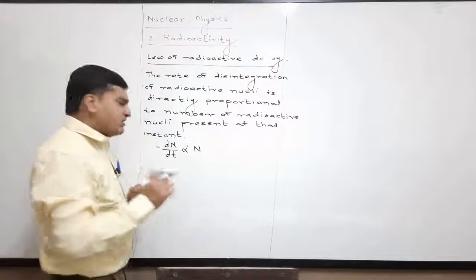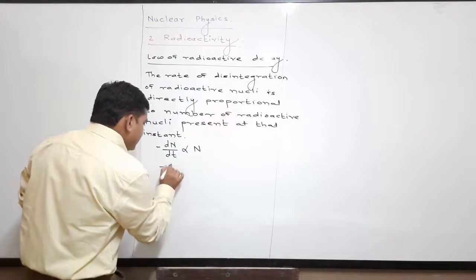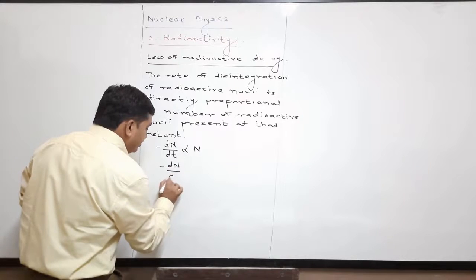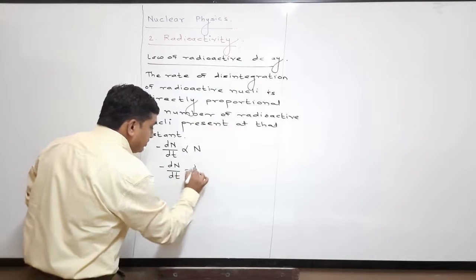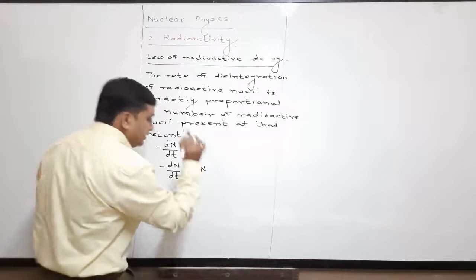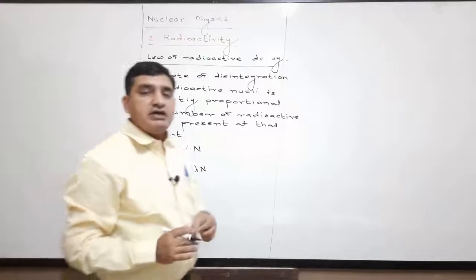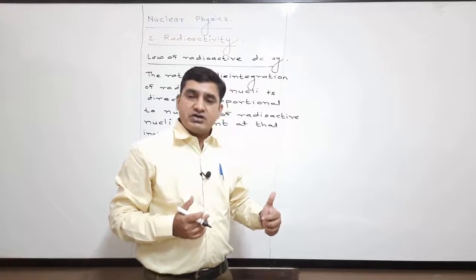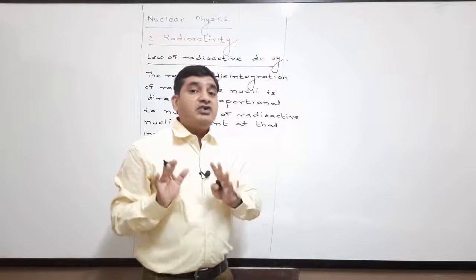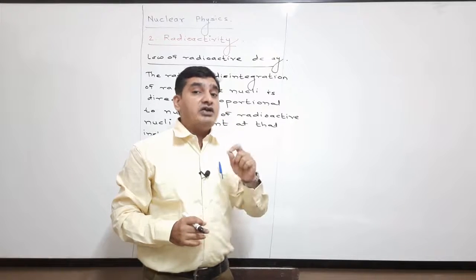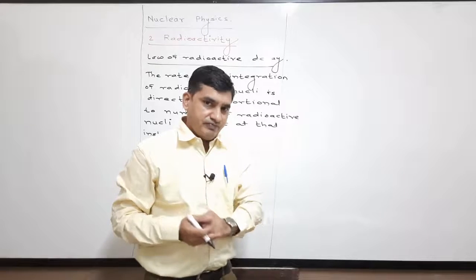Therefore, this can also be written as minus dN upon dt equals lambda into N, where lambda is a proportionality constant known as the decay constant or disintegration constant.